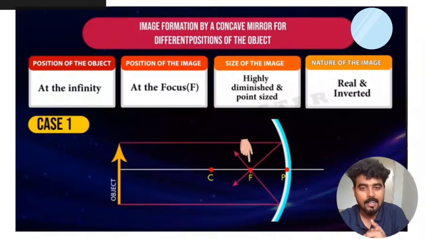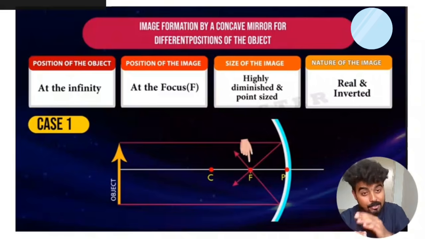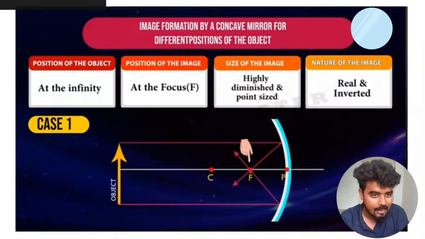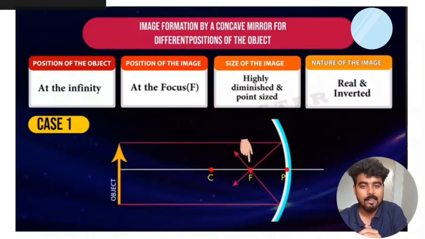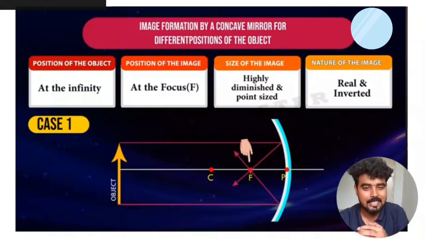Again, I will repeat. This is case study one. When the object is very far away, we are going to consider a concave mirror. When the object is placed at infinity, the incoming rays are parallel to each other.